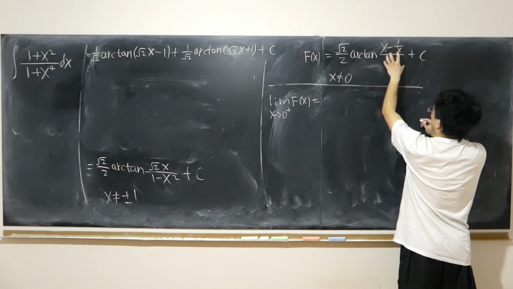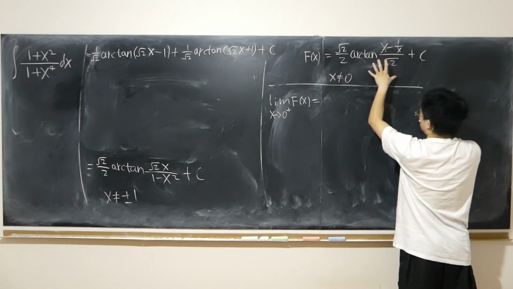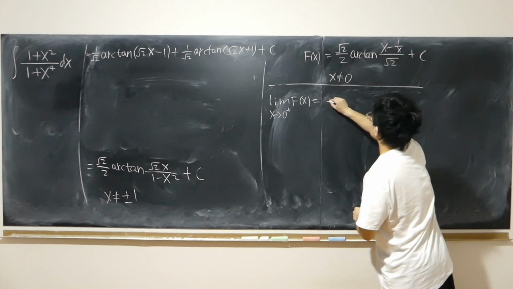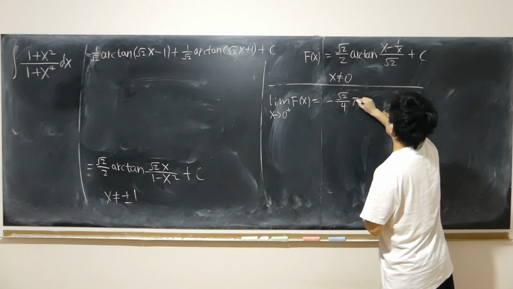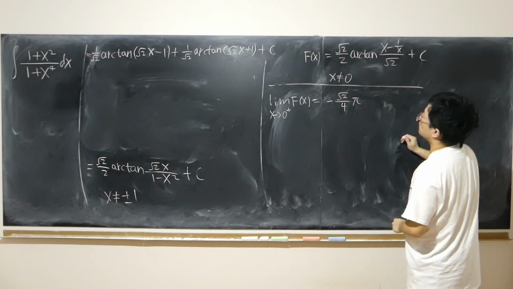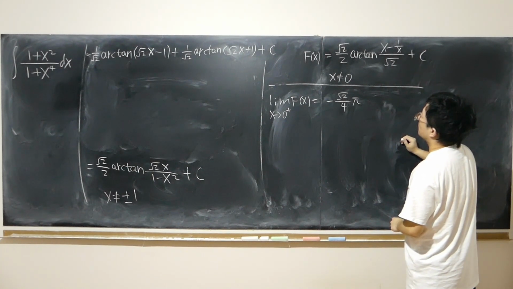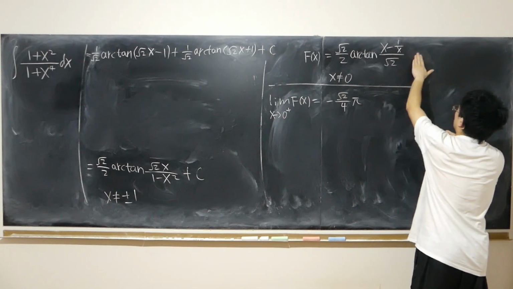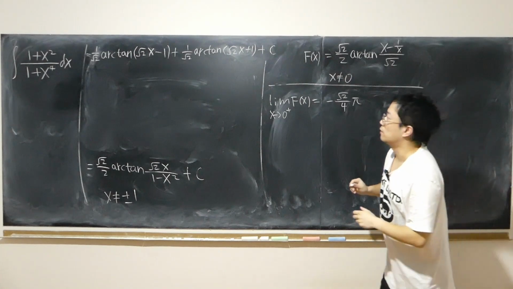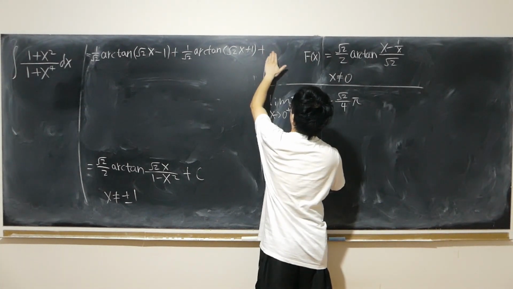So overall negative infinity inside. So negative half pi, so negative square root of 2 over 4 times pi, plus c. Maybe before I add c, I want to analyze first. In the end, I'm going to plus c.